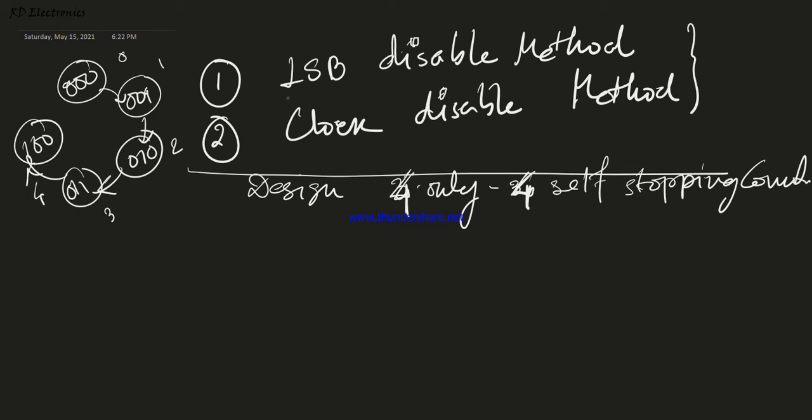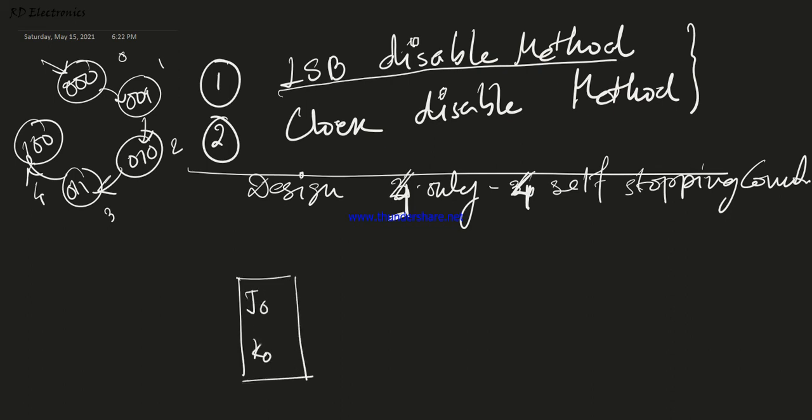So first of all, using the LSB disable method, what is the hardware diagram? The hardware diagram looks like this, and here three flip-flops are required because number 4 is represented by a minimum of 3 bits, that is Q2, Q1 and Q0. So we first require 3 JK flip-flops.